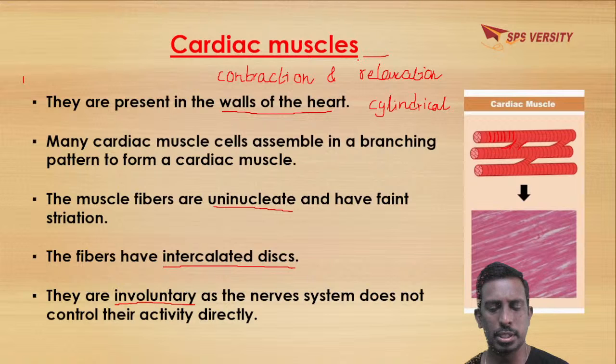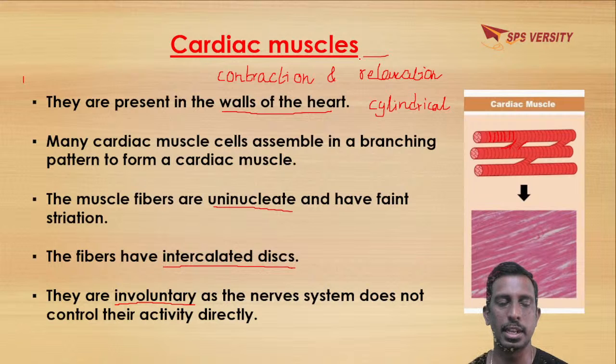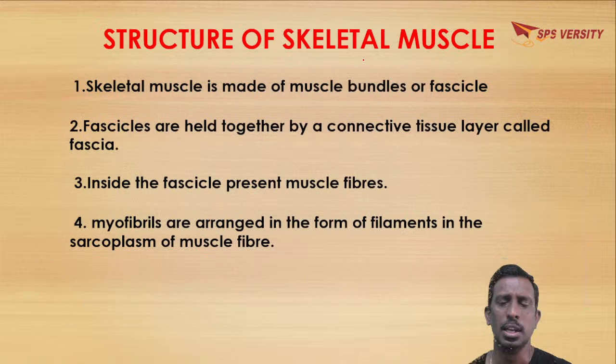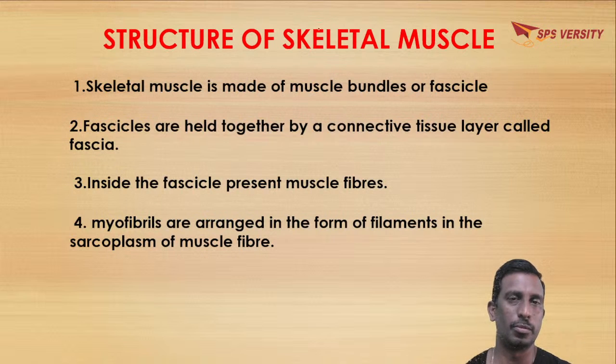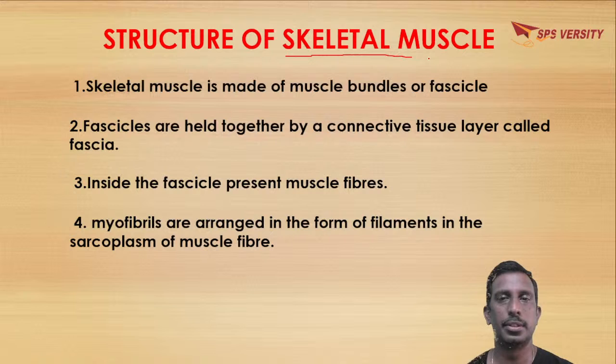So these are the three types of muscles: skeletal muscles, visceral muscles, cardiac muscles. And here, as we are particularly discussing locomotion, that is displacement, we'll study the skeletal muscles.